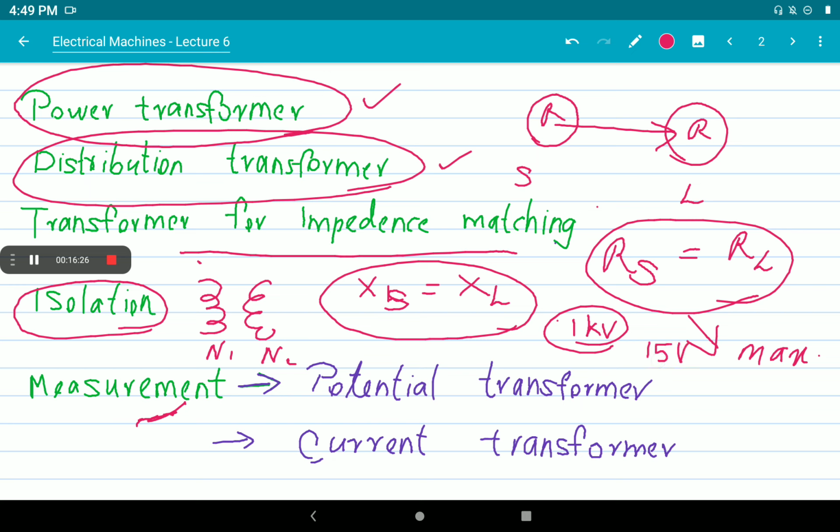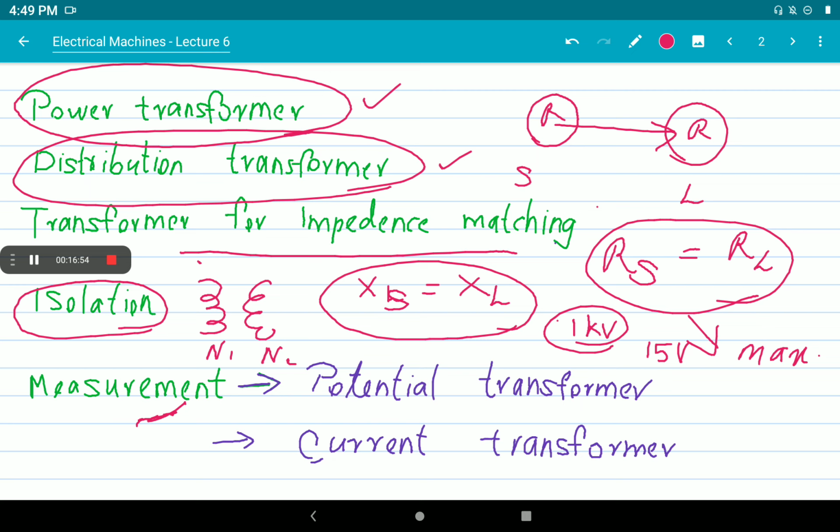So the motor and the transistor drive speed control devices must be isolated, because both are working on different voltage levels. For that we use an isolation transformer.